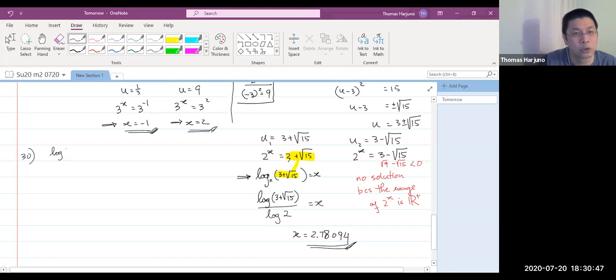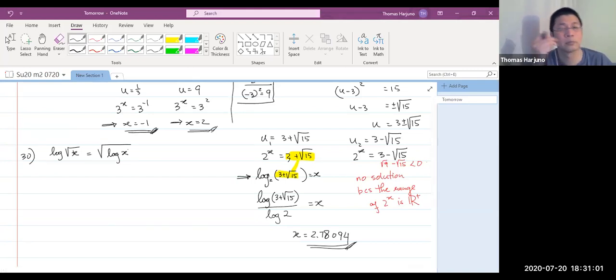Log of square root of x, all over log of 10, equals square root of log x. How do we solve this?